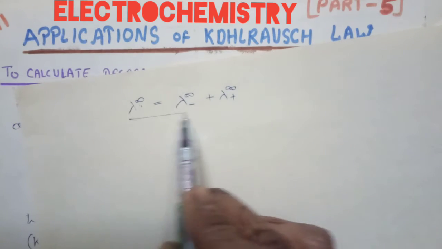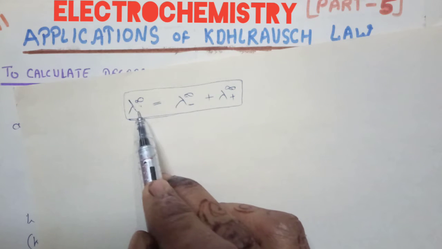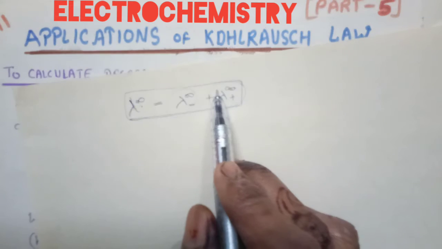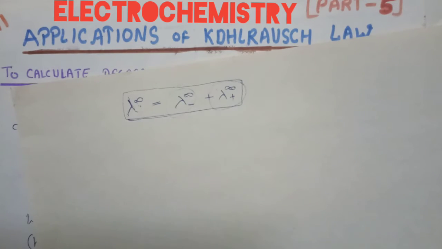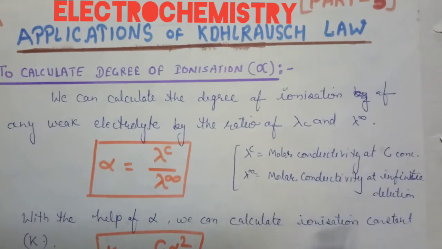According to this law, we can calculate the lambda infinity of any electrolyte with the help of the molar conductivities at infinite dilution of cations and anions. In this video, we will discuss the applications of the Kohlrausch law.